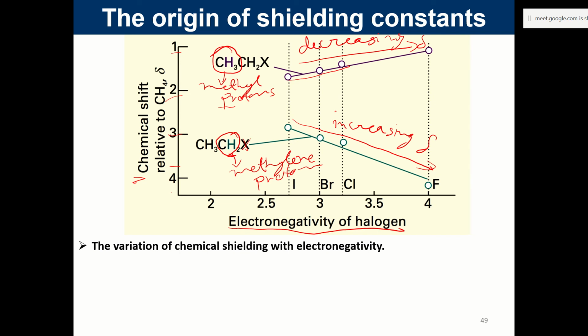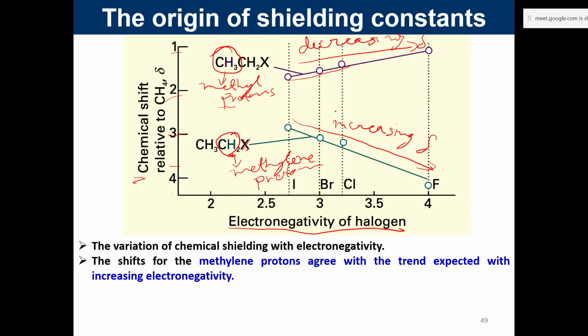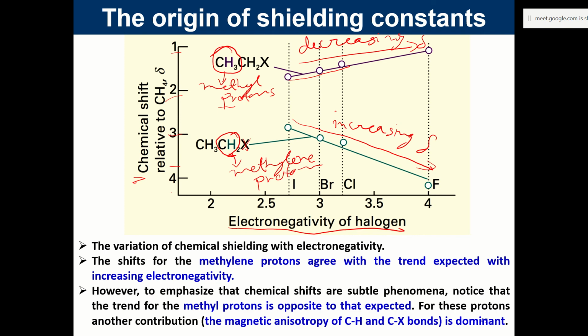You can see the decrease in the values of the chemical shift for methyl protons with electronegativity. This is something intriguing, and it is related to what we know as magnetic anisotropy, the anisotropic nature of the magnetic field, the non-uniform nature of the magnetic field. We will talk about this. The methylene protons agree with the trend expected from electronegativity.